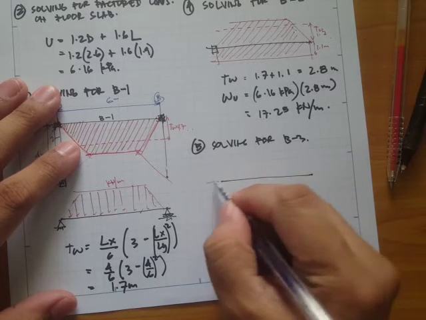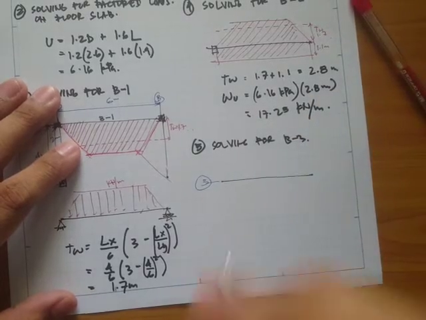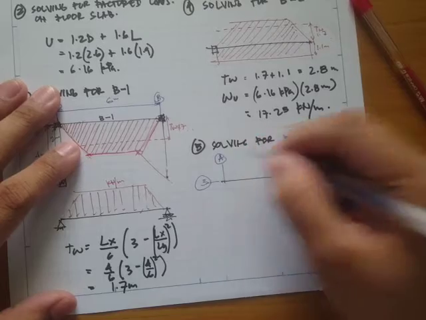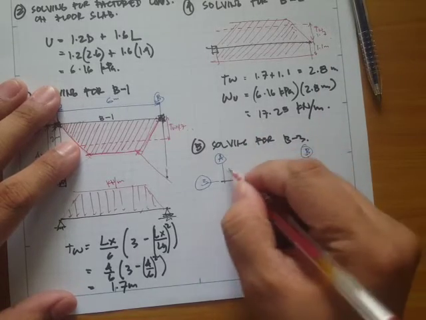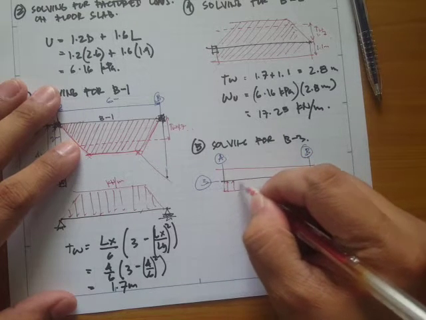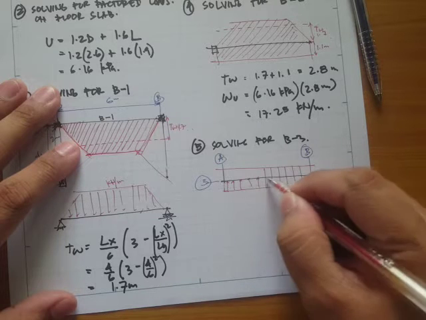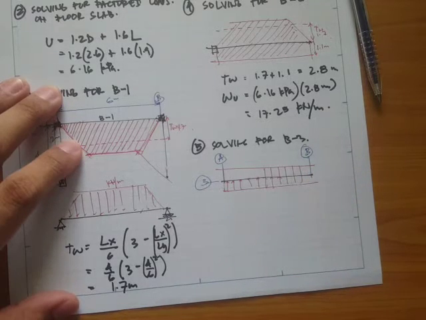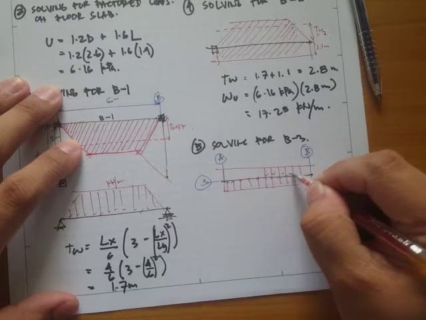This is our grid line number 3, and this is our grid line A, and then we have grid line B. So we have loadings here.